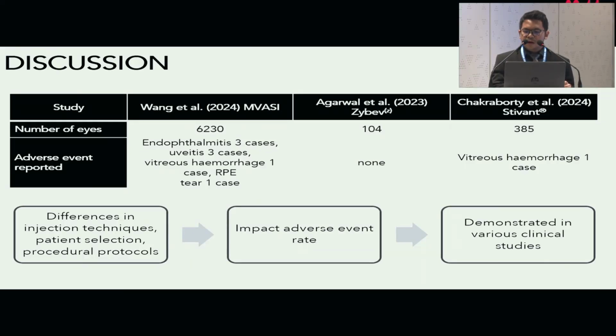Agawa reported 104 eyes with no adverse events given Zirabev. And for Stevant, there was also 1 case of vitreous hemorrhage reported in 385 eyes. This discrepancy may be due to differences in injection techniques, patient selection, and procedural protocols. However, the absence of serious complications across 3,000 injections in this study is reassuring for the safety profile.